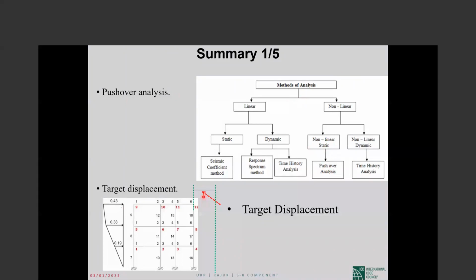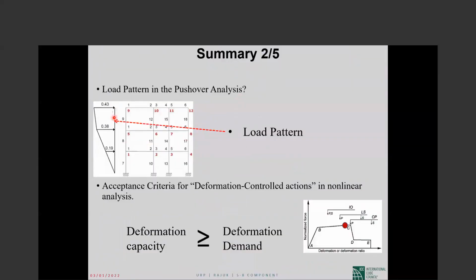Target displacement models the earthquake; it is the estimation of the maximum displacement of the building in the earthquake. And what is the lateral load distribution that is being used to push the building?